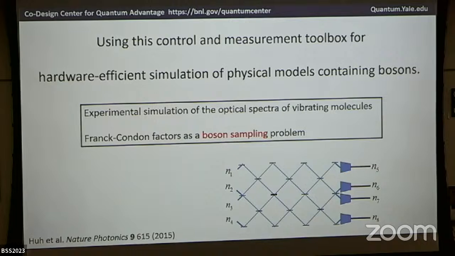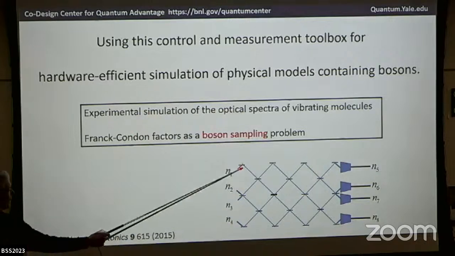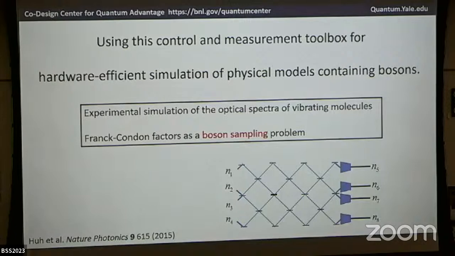It turns out that the experimental simulation of these optical spectra is a lot like this problem, a slightly modified version called Gaussian boson sampling, where squeezed states are involved rather than just Fock states.